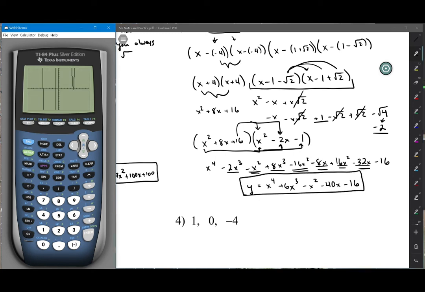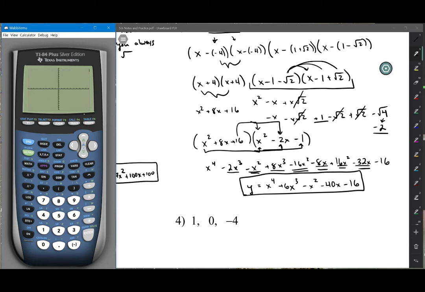Now again, with these graphs, it is a good idea to check to see that we at least go through a few of the zeros here. Some of them we won't be able to see as readily, but x to the fourth, we'll just type it in our calculator, plus 6x to the third, and minus x squared, and minus 40x, because there's a lot of little areas where you could make mistakes.